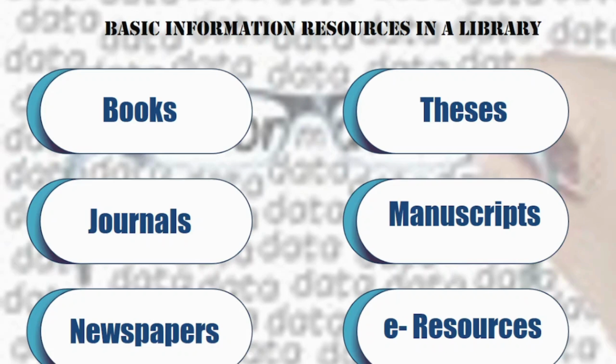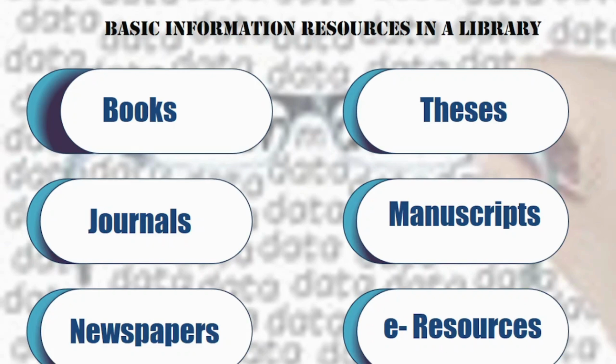First one is books. Books are the most commonly available items and may be available in almost all types of libraries. You are also acquainted with the types of books, but you should know that according to UNESCO, United Nations Educational, Scientific and Cultural Organization, a book should contain at least 49 pages.